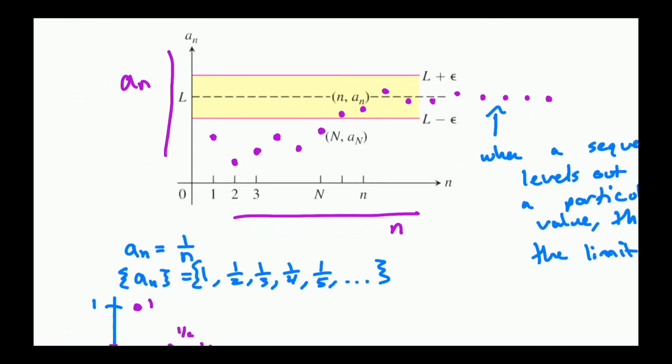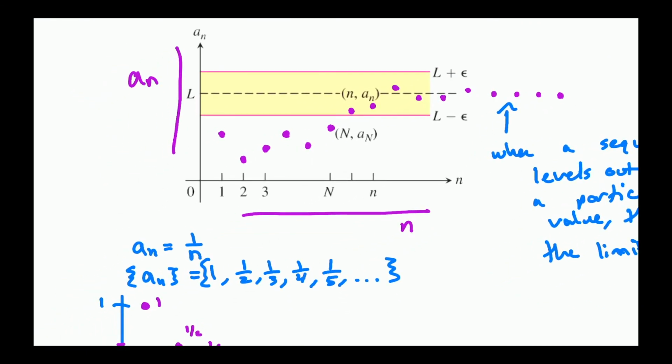So what they're saying here is capital N is this cutoff point right here, where on this side, all of the terms are close to L. At that point. And they're trying to show you that by this interval here. So if you're in here, you're close to L. And where does that happen?